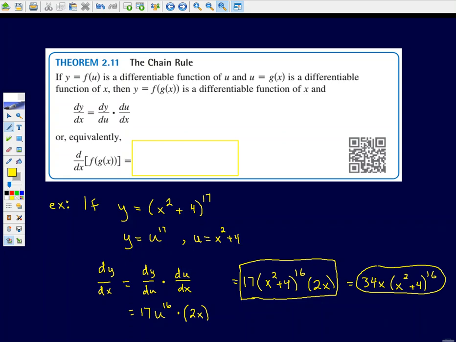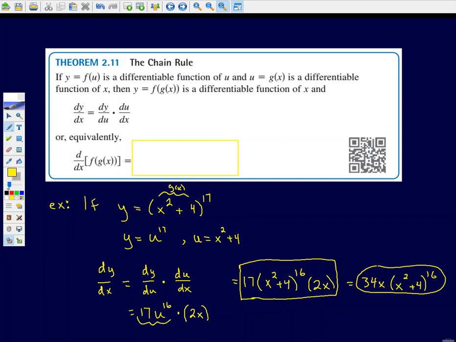Now I also want to point out the second way of writing this rule. It's quite common to call the innermost expression function g, and then the 17th power in this example would be function f. If I look at my final result here, the first part of my derivative was the power rule, 17u to the 16, but that was the derivative of the 17th power function.